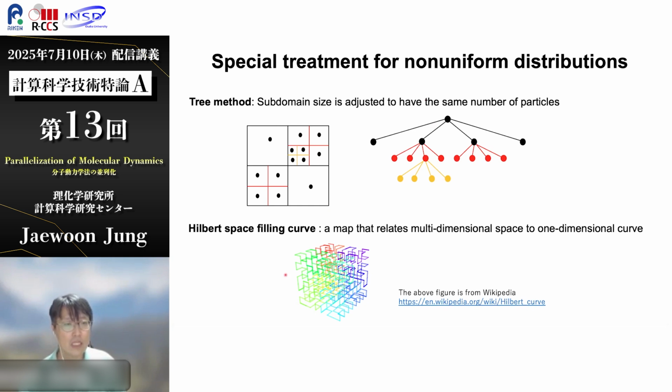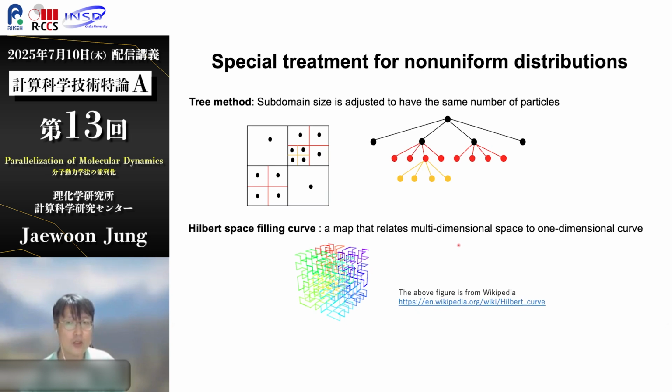And our scheme is the Hilbert space filling curve, which maps the multi-dimensional space to a one-dimensional curve. And if points are very close in the one-dimensional curve, then they also become very close in multi-dimensional space.